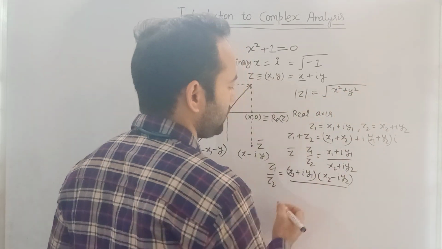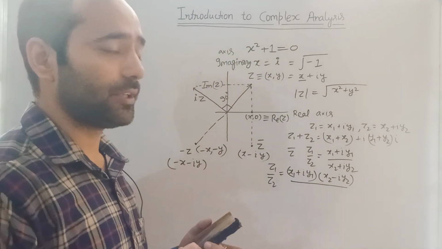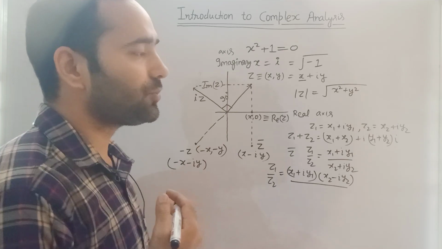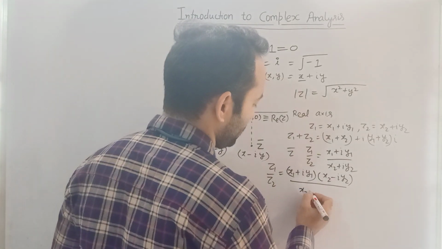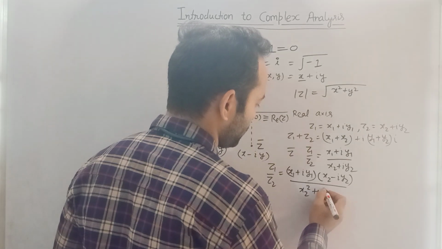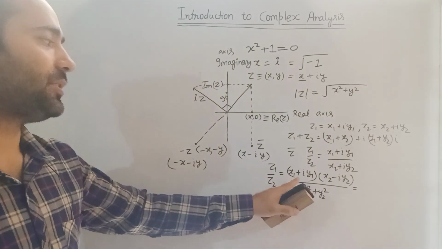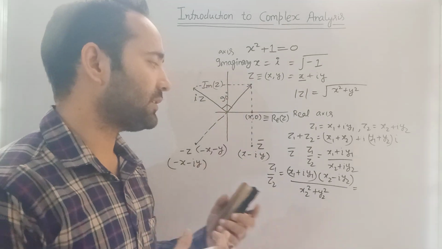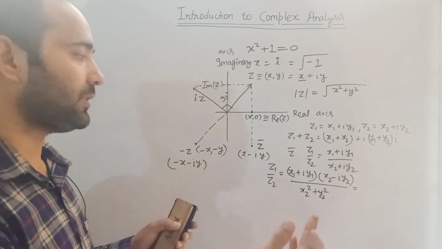Okay. So next I'm going to introduce some geometric representation which is important for this course, important to be able to solve further questions. Okay. So this is going to be x2 square plus y2 square. Now you can just multiply the numerator and couple the real numbers together and imaginary coefficients of i together.